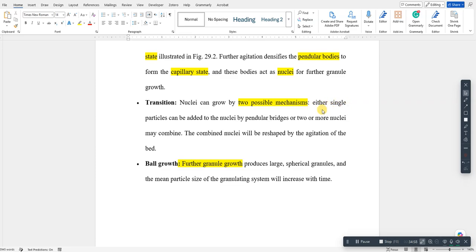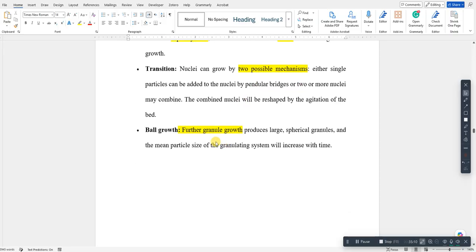Or individual particles stick to the nucleus by pendular bridges, and this will make the nucleus bigger. Ball growth is further growth. This can happen when more particles join to form a bigger wet mass.